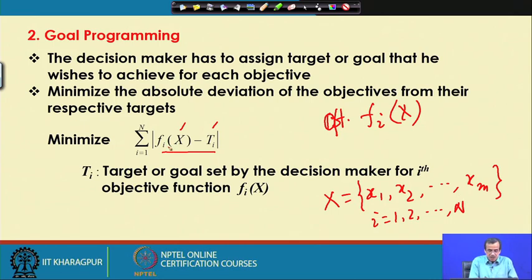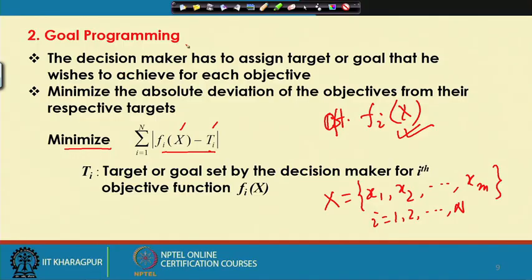Now, for each of the objectives, we try to find out the difference between the calculated objective and the target value, and for this difference we consider the mod, we sum them up and then we try to minimize. That means we try to minimize the difference between the calculated objective and its target value.